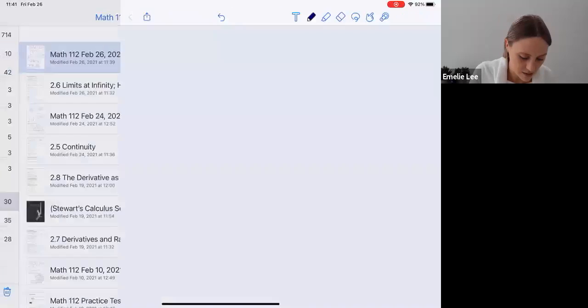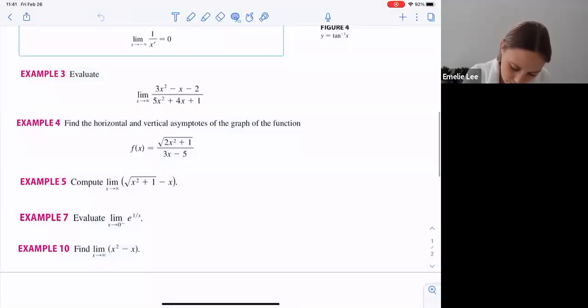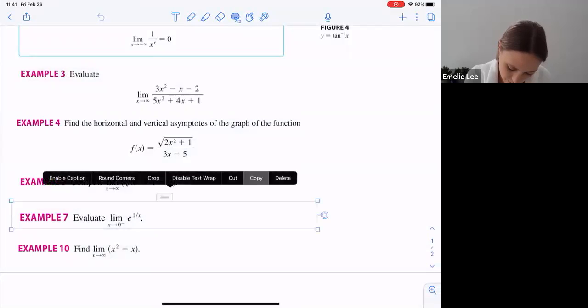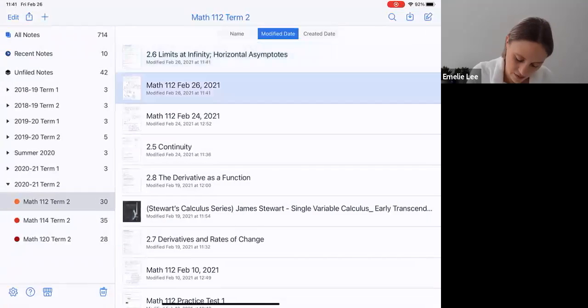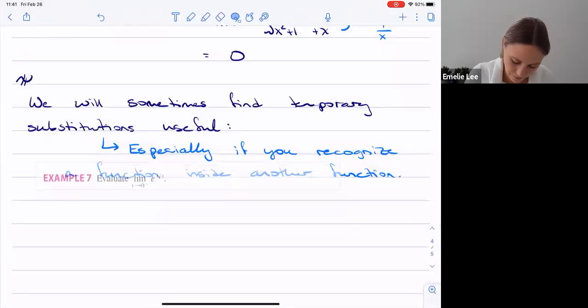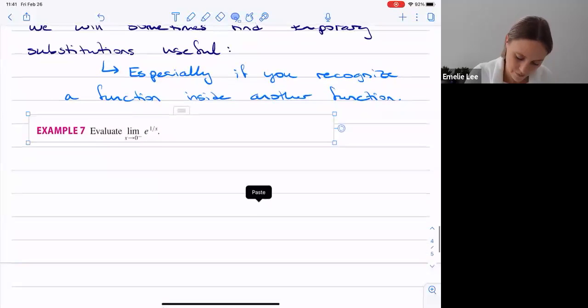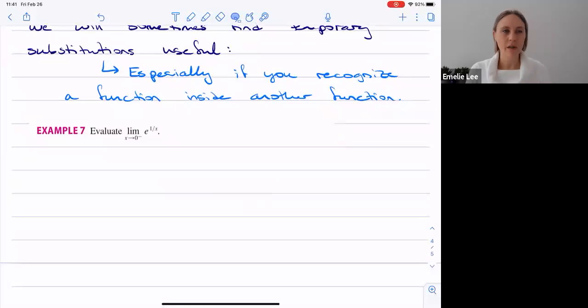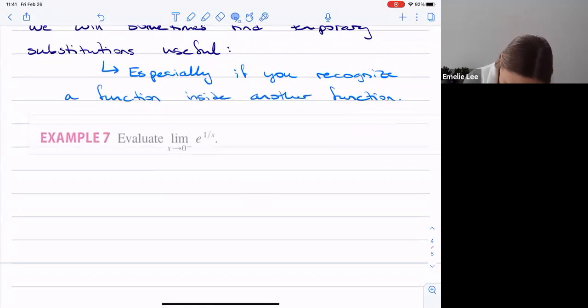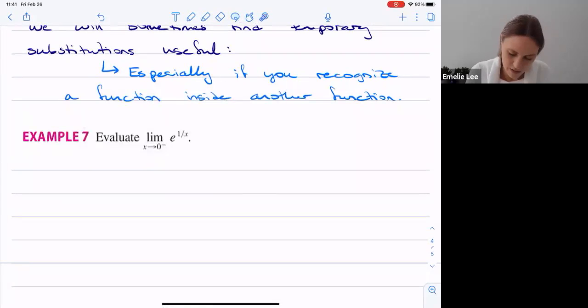So let's see here. Last example here. Make this bigger here because it's x going to 0 from the left, right? So we're approaching 0 from the left of e to the 1 over x.